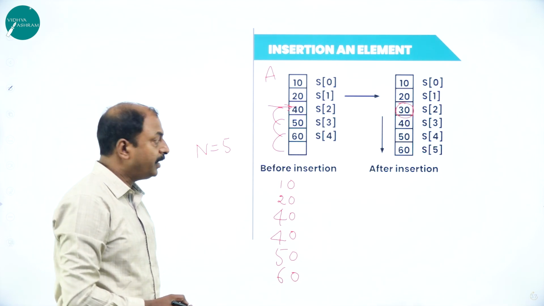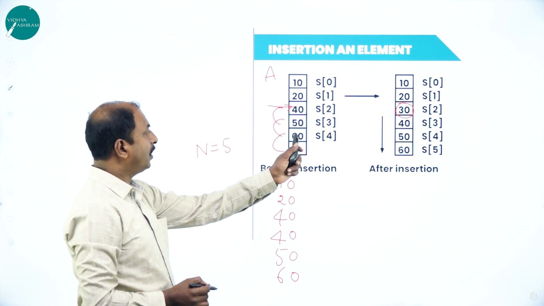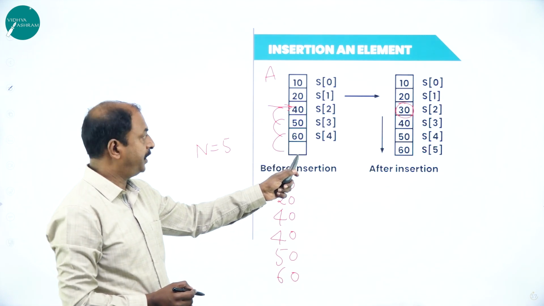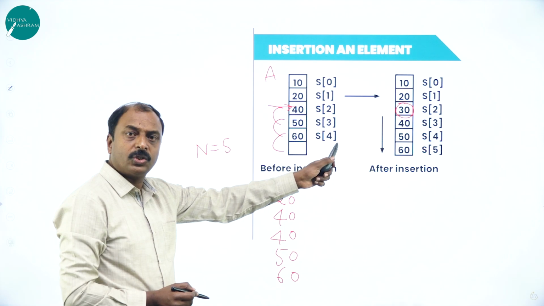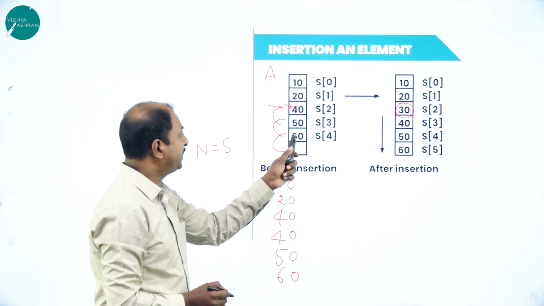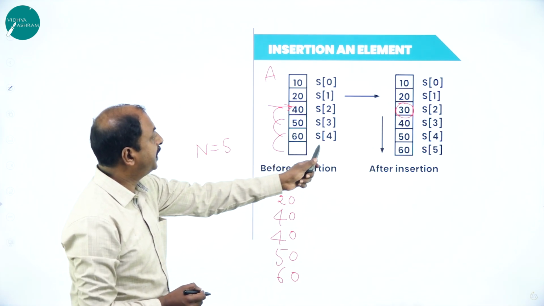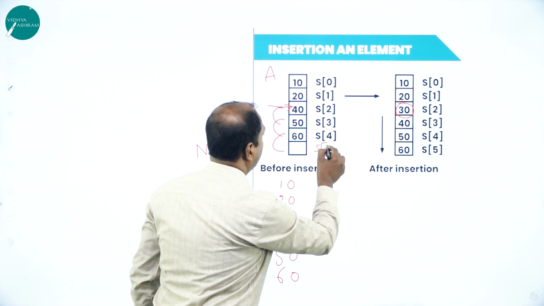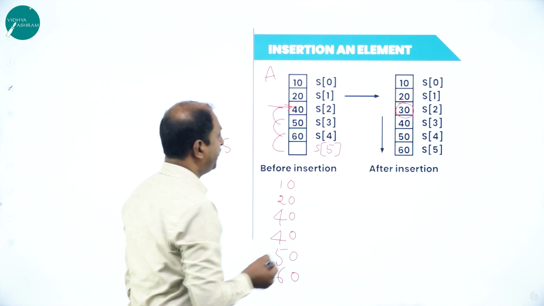In this example, we have to shift the last element 60 into the next higher order position. See, this is S of 4, so we have to move the element 60 to the next position, that is S of 5. This is S of 5, the index.